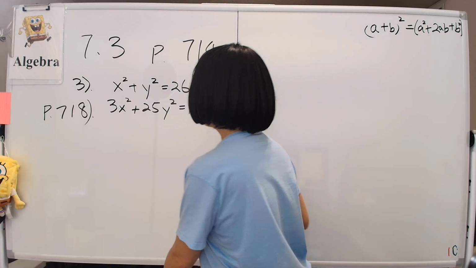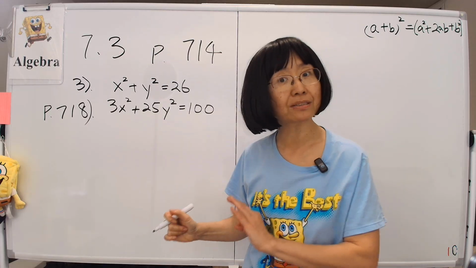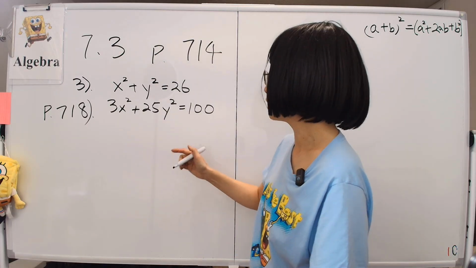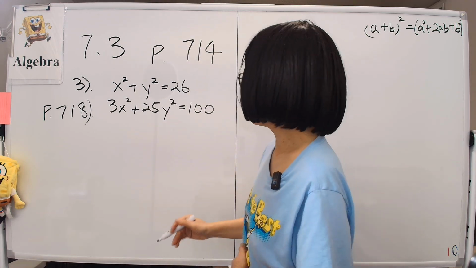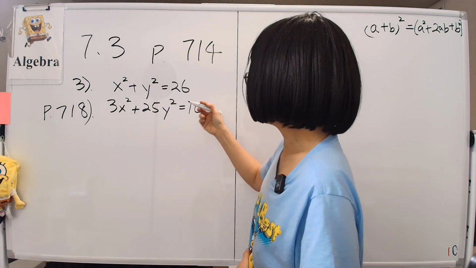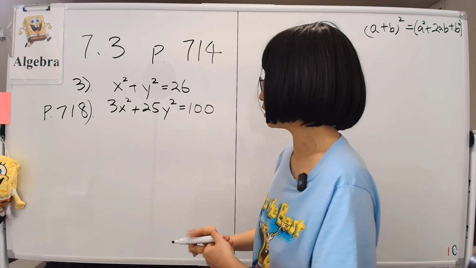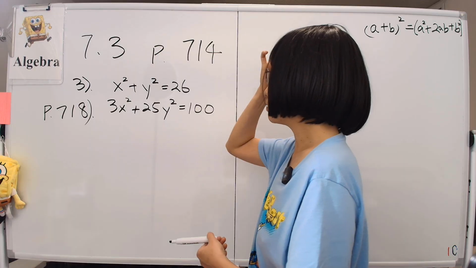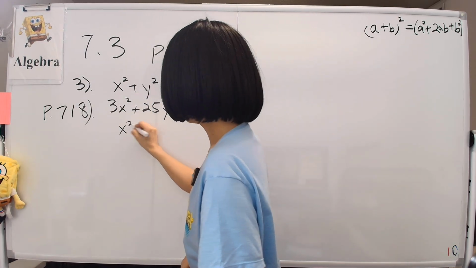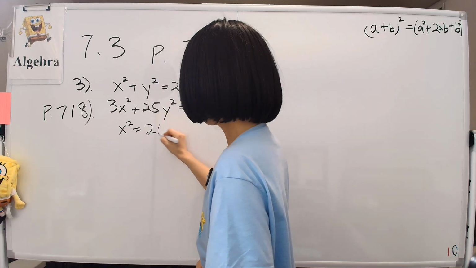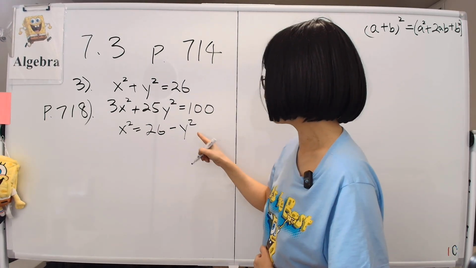Now, since everything is being squared, we can solve for the squares first, then take the square root once we have the squares figured out. This basically works like a linear equation, like section 1. What we're going to do is isolate one of these. So x squared equals 26 minus y squared from equation 1.